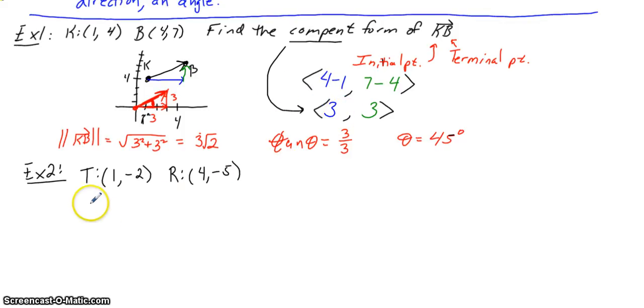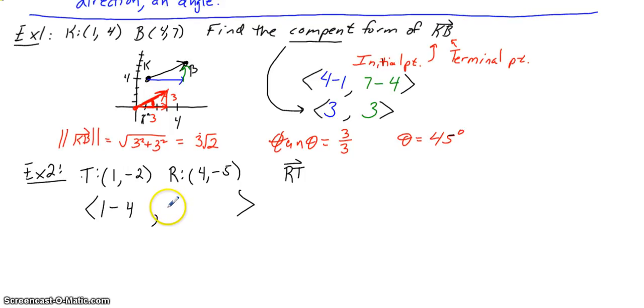So component form, and we want vector RT. So R to T, initial, terminal. So 4 and 1, but which order? Terminal minus initial.